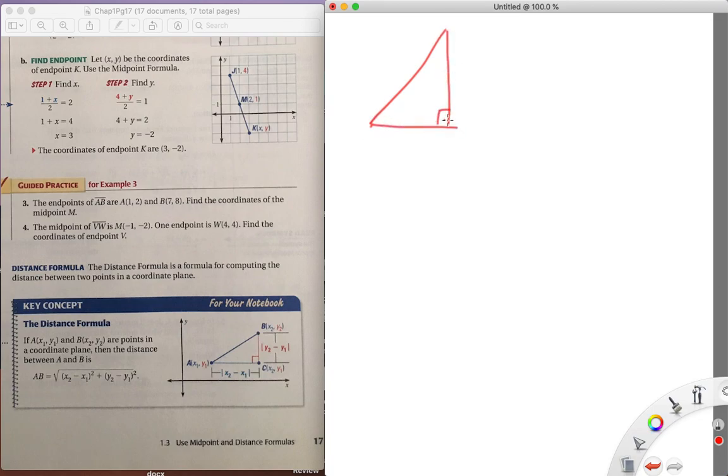I need a 90-degree triangle. I have an A side and a B side and a C side, right? So I know that from the Pythagorean theorem, I got C squared equals A squared plus B squared.